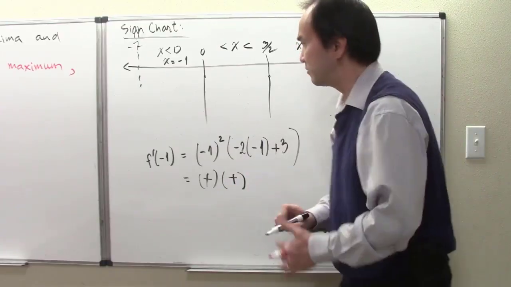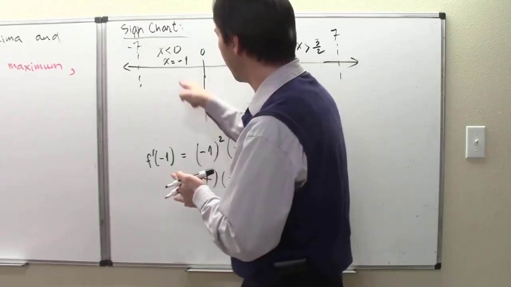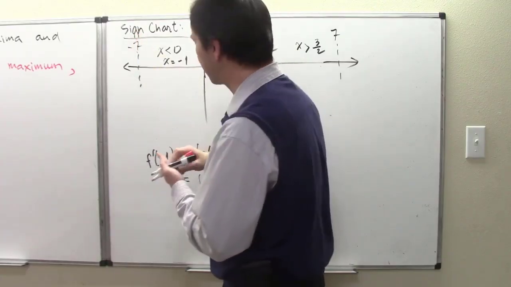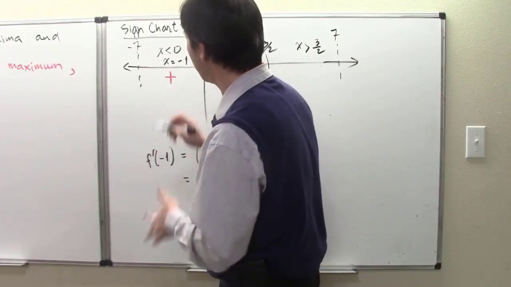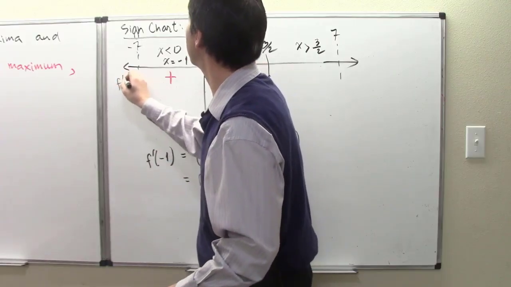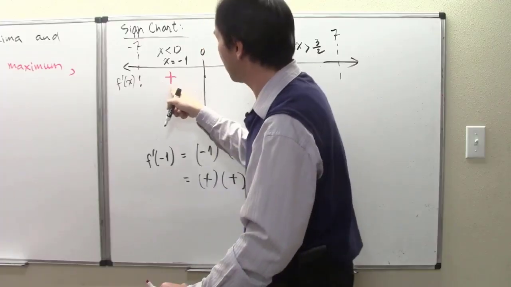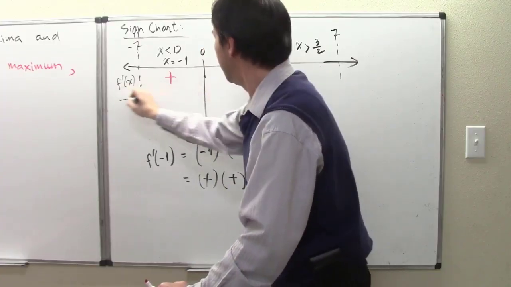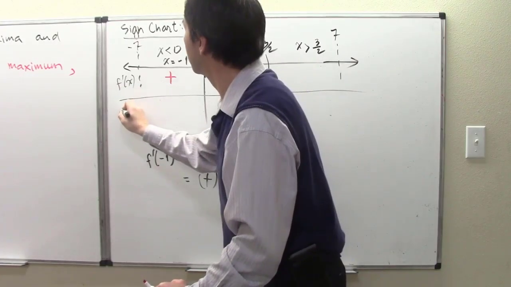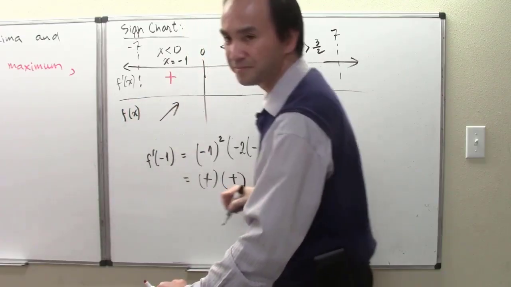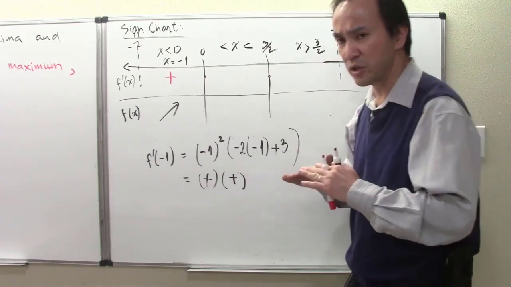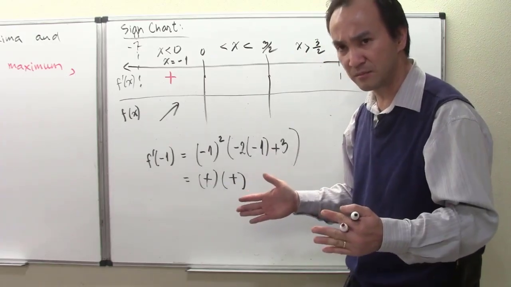So my overall sign of the derivative in this interval, which is of course greater than -7, is positive. So f prime has positive sign in that interval, meaning the function is increasing. We're still doing the usual work: we have to find all the local maximum and local minimum first.